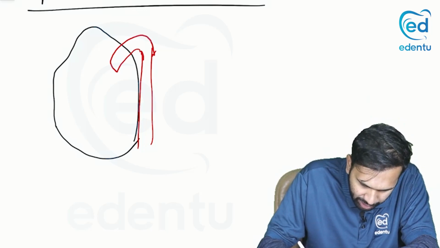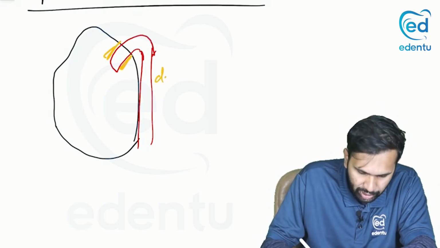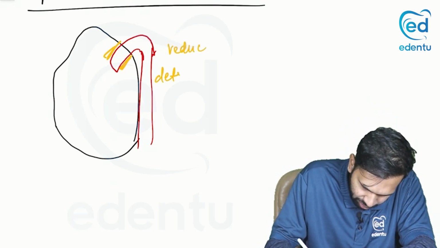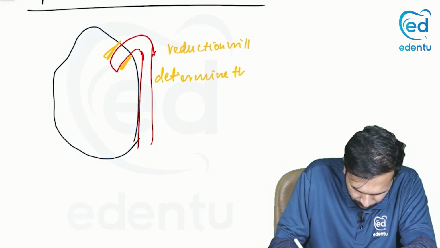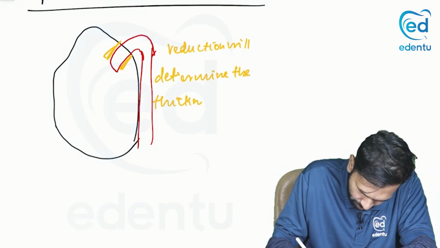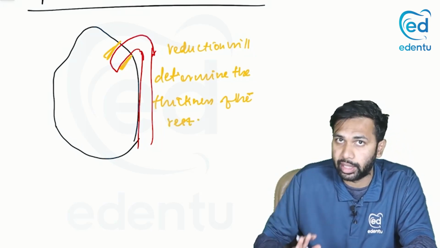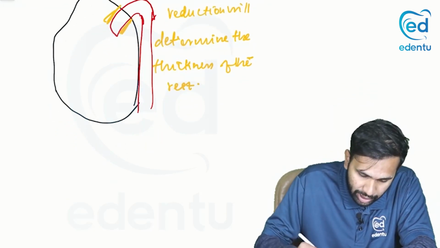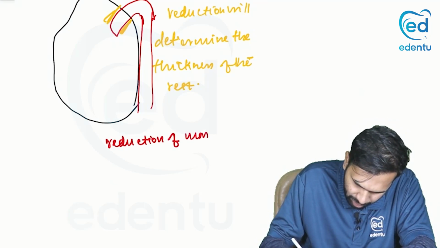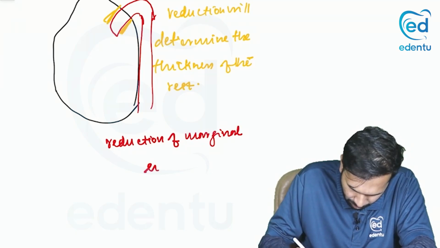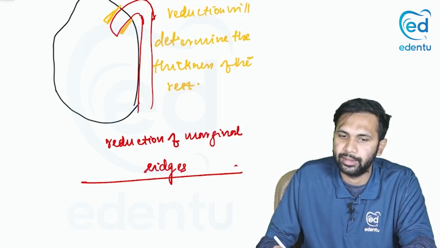The reduction that you're doing here will determine the thickness of your occlusal rest. And mainly, it will depend upon the amount of reduction of your marginal ridges.